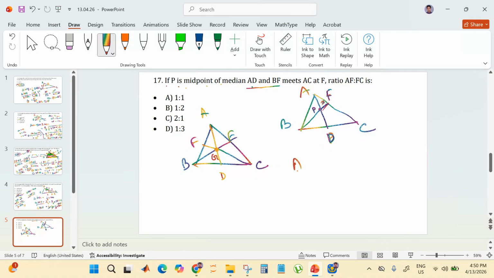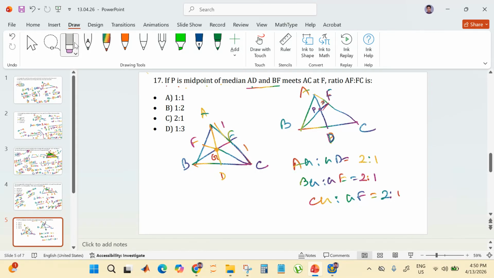That means you can directly write AG is to GD is 2:1, and BG is to GE is also 2:1, and CG is to GF is also 2:1, such that AE is to EC is 1:1.